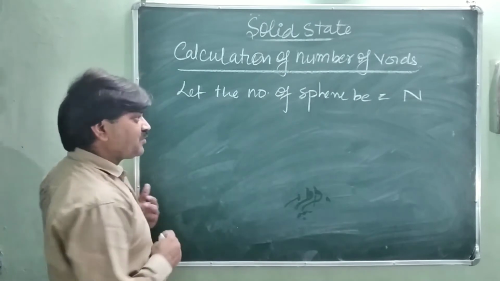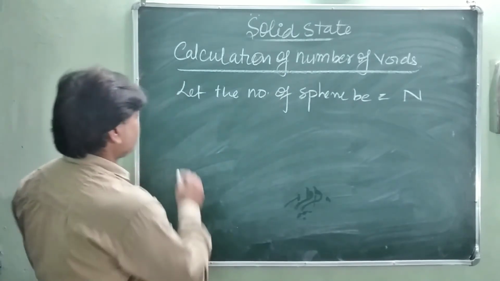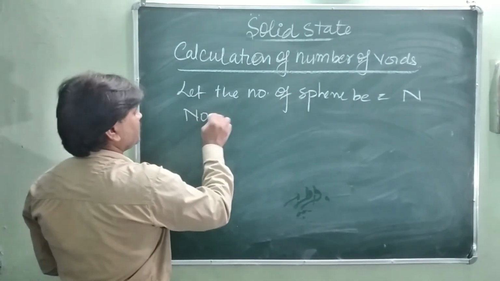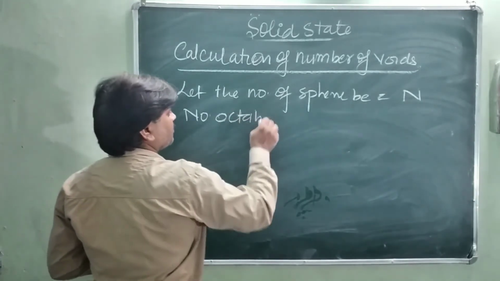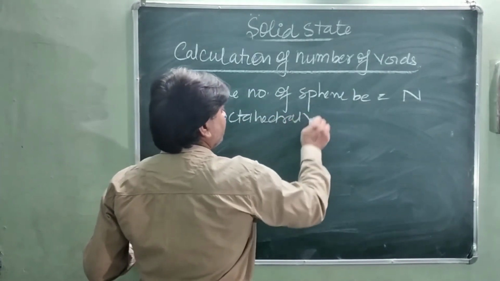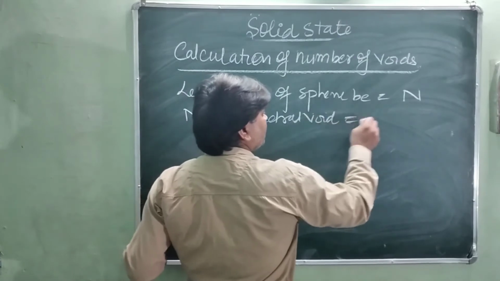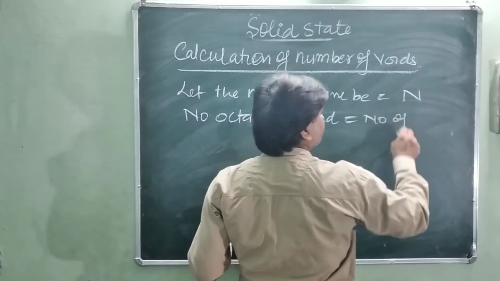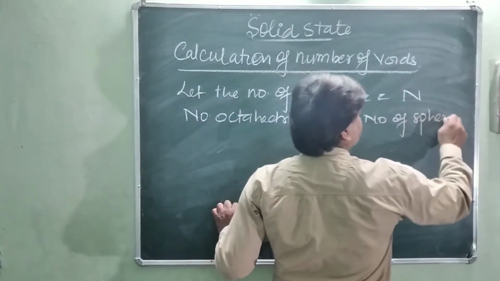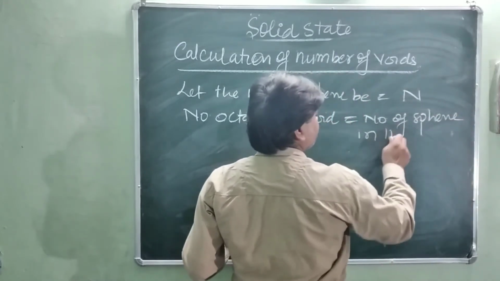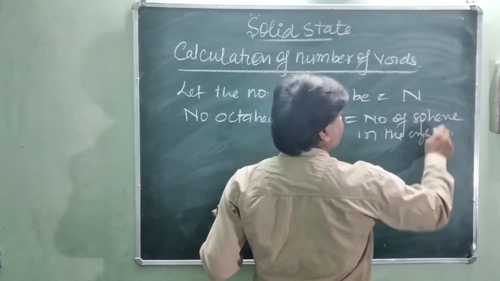And what would be the number of octahedral voids? So the number of octahedral voids is equal to the number of spheres in the crystal.